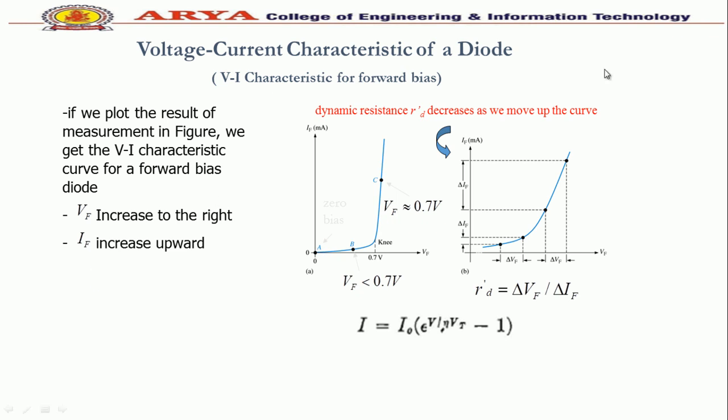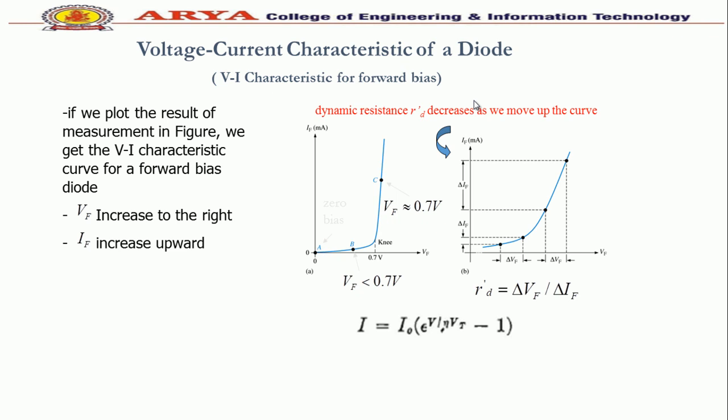From this curve, we can take up another concept, the static and dynamic resistance of a diode. It is observed that a real diode does not offer zero resistance when it is forward biased and infinite resistance when it is reverse biased. A real diode when forward biased has a definite resistance, known as the static forward resistance of the diode.